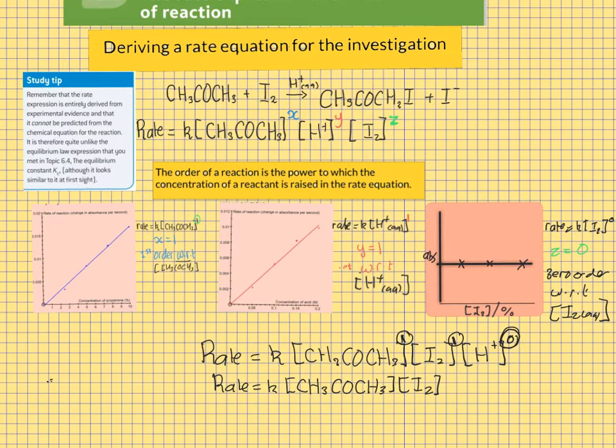The overall order of the reaction is the sum of the powers. So the overall order of the reaction is 1 plus 1, which equals 2. So we say that the reaction is second order overall. Now this will tell us a lot about the mechanism, and we'll investigate that later.